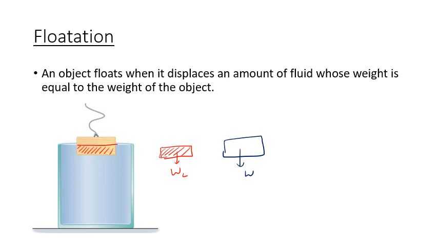These two weights are equal. You can prove this from the Archimedes principle, but I'm not going to prove that one. But as a note, when some objects are floating on a fluid, the displaced amount of fluid, if you measure the weight of that part, is equal to the weight of the object.